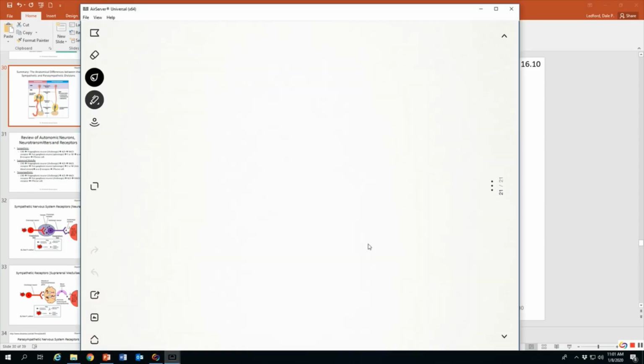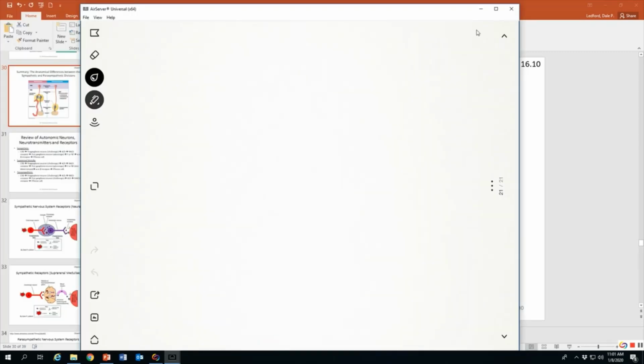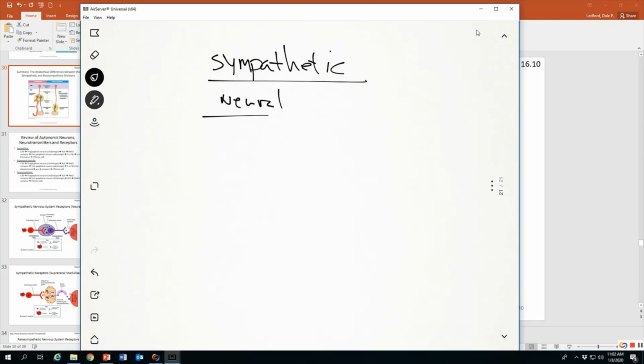What I'm going to draw out, and then we're about done, is something I want to draw and talk about. Now, let's go back and do a big review over everything we've seen, and let's start off with the sympathetic neuropathway, the normal neural sympathetic pathway.